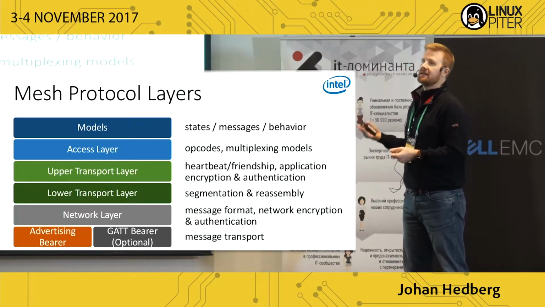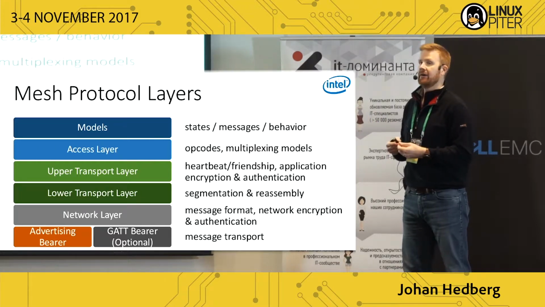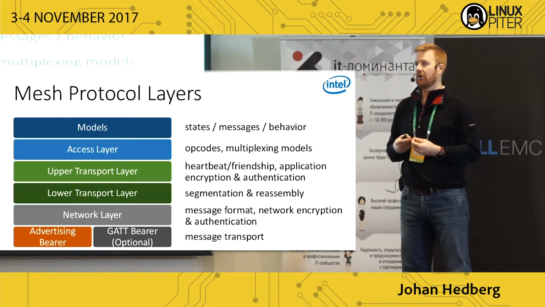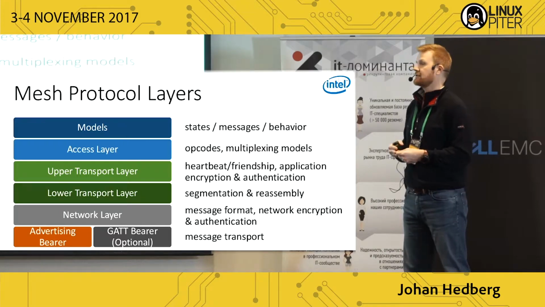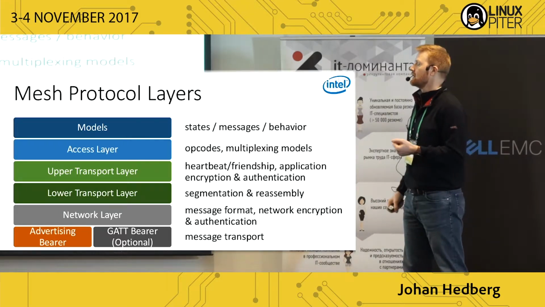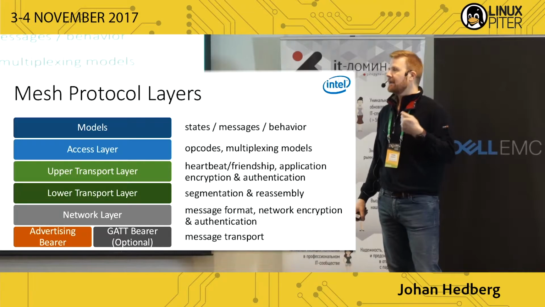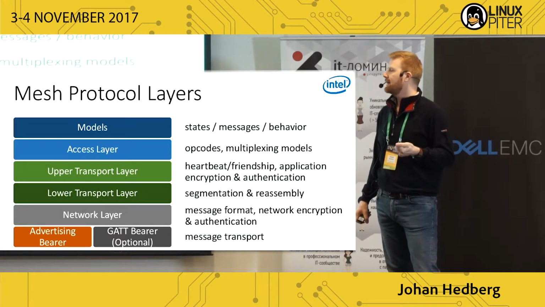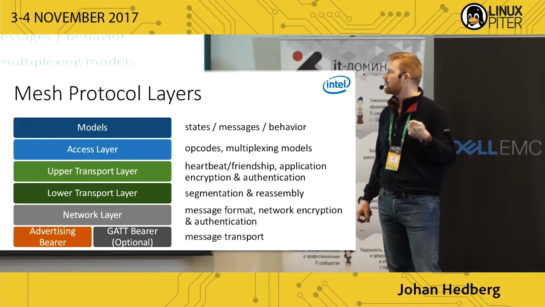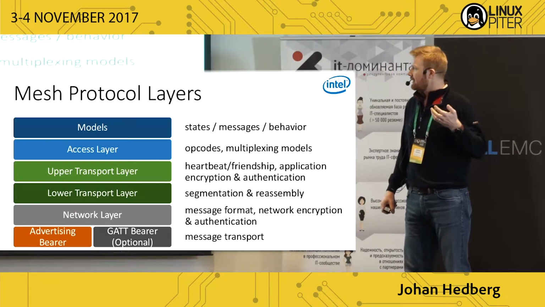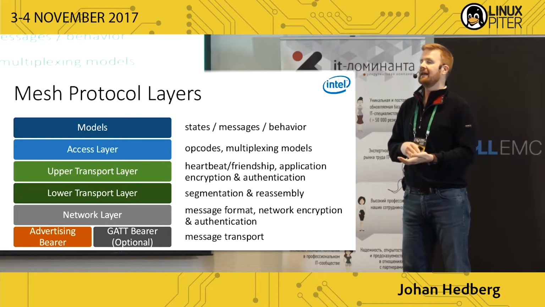But alongside of that, there's an optional GATT bearer. GATT is the protocol that's used for connection-oriented Bluetooth LE connections that all existing Bluetooth devices use. So in many cases, for example, phones and PCs, you will have to update the operating system to get the right kind of advertising bearer access to be able to do native mesh.